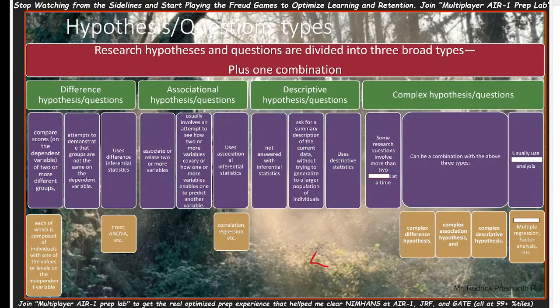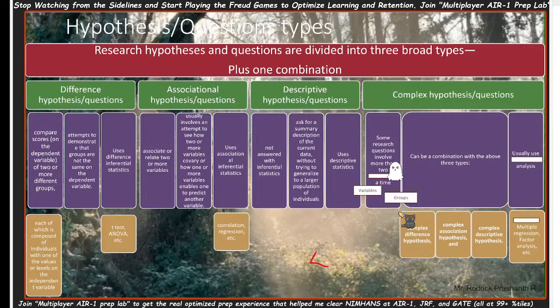Again, it can be a complex difference hypothesis, where we use MANOVA. A complex association hypothesis uses several dependent variables and predictors, so we have multiple regression in that case.